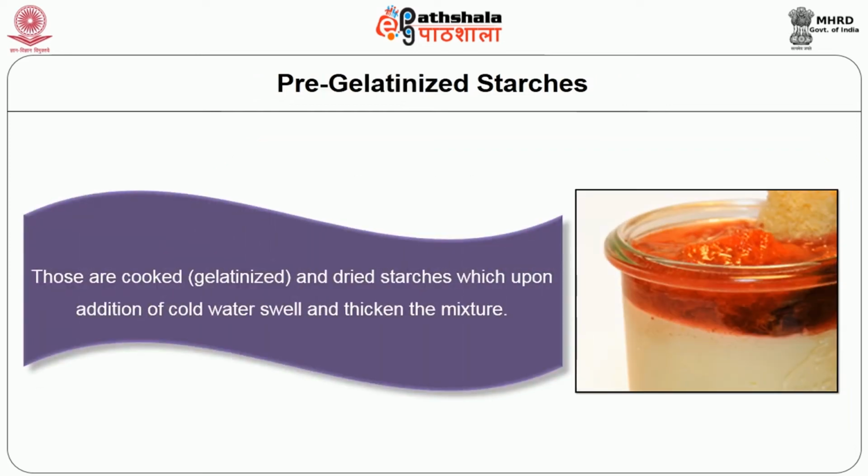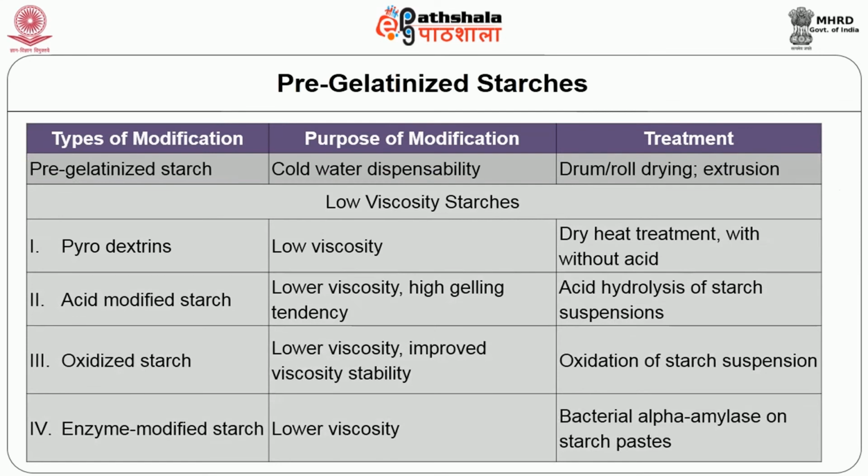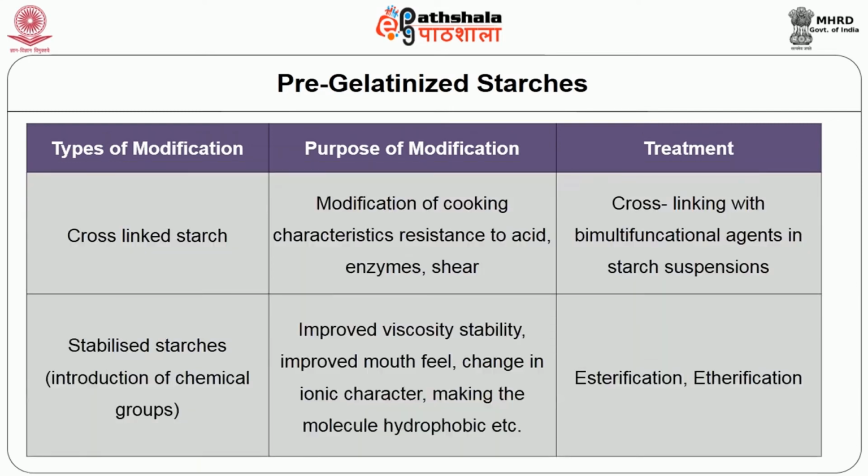Pre-gelatinized starches. Pre-gelatinized starches are cooked and dried starches which, upon addition of cold water, swell and thicken the mixture. Now let us have a look at the types of starch modification. The first column provides the details on types of modification, followed by the purpose of modification, and the last one denotes the treatment.